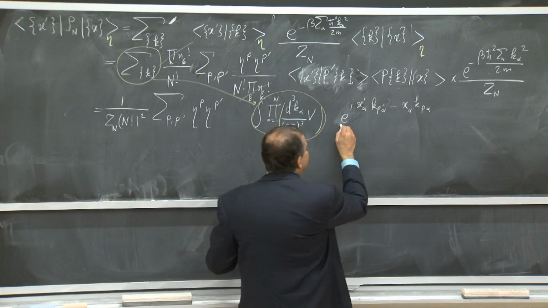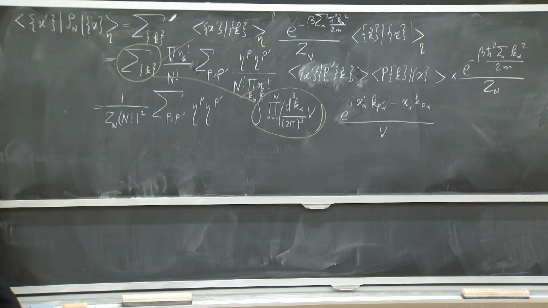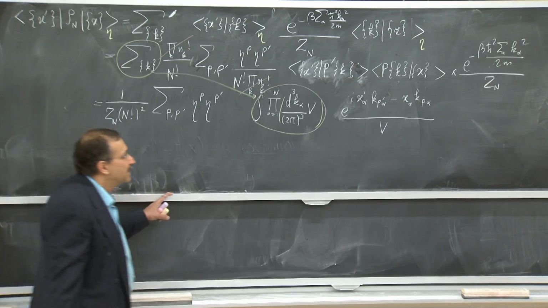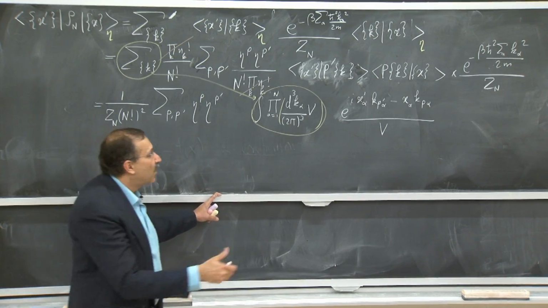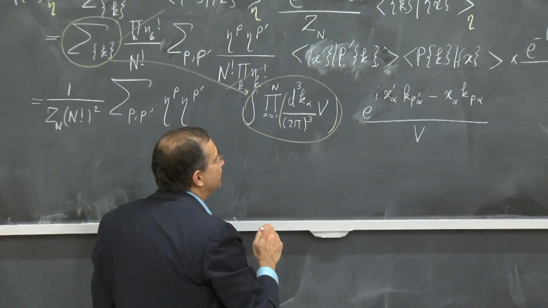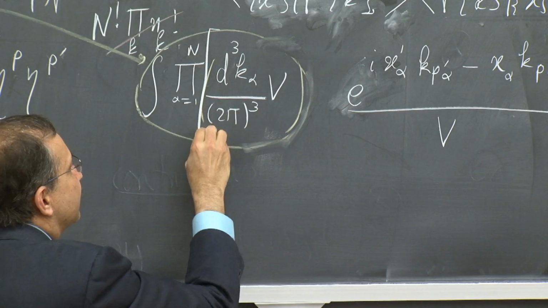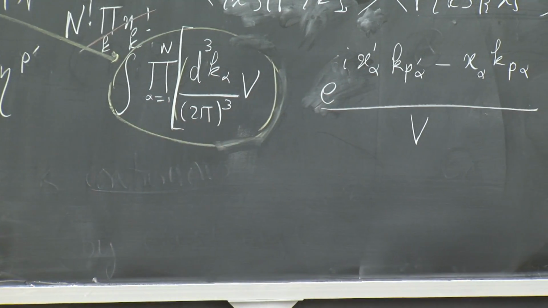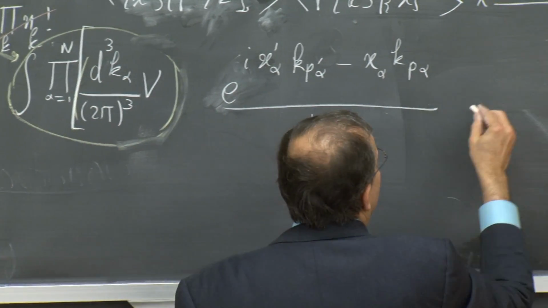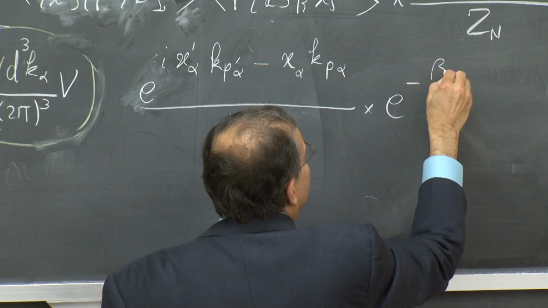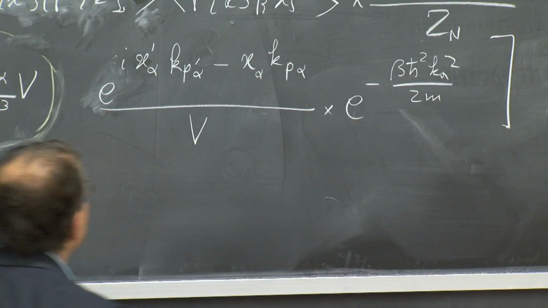I have one of these factors for each particle. With each one of them, there is a normalization of square root of v. So the two of them together will give me v. But that's only one of the n particle terms. So there are n of them. So if I want, I can extend this product to also encompass this term. And then having done so, I can also write here e to the minus beta h bar squared k alpha squared over 2m within the product.